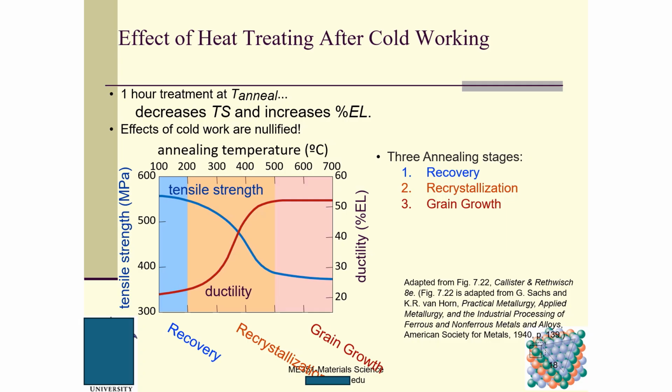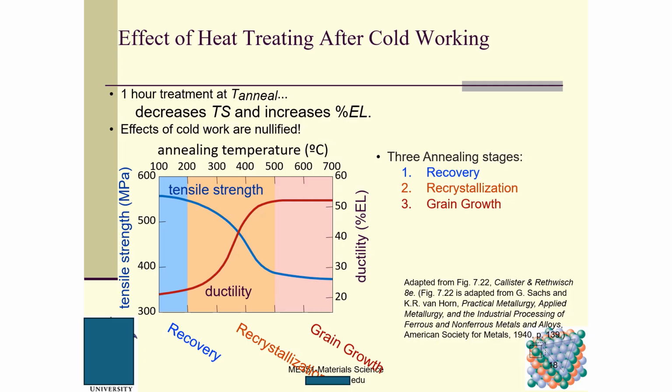You can see this is ductility, and this is the tensile strength. At the very beginning we have the annealing temperature. The first stage is recovery. The second one is called recrystallization. The third one is grain growth.